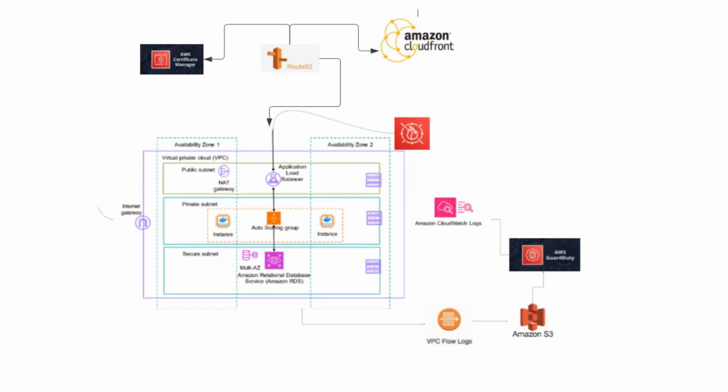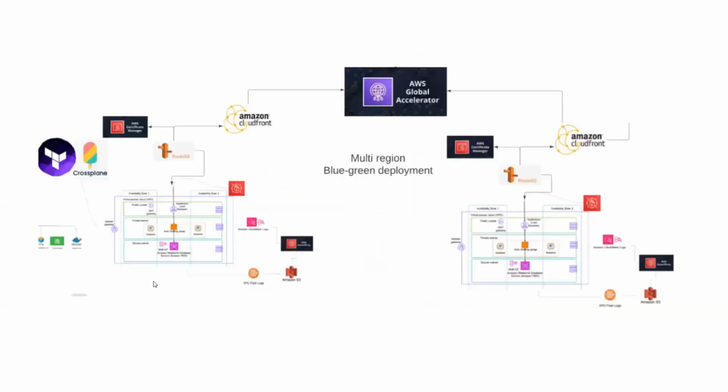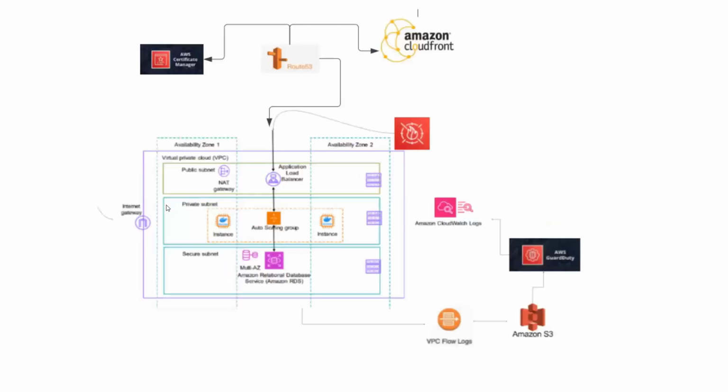This is the architecture. Let me show once again. This is the architecture we'll be discussing, and this is the smallest part. This is the part we'll discuss first, and the same part replicates here also, so you will understand how multi-region works and all these things.